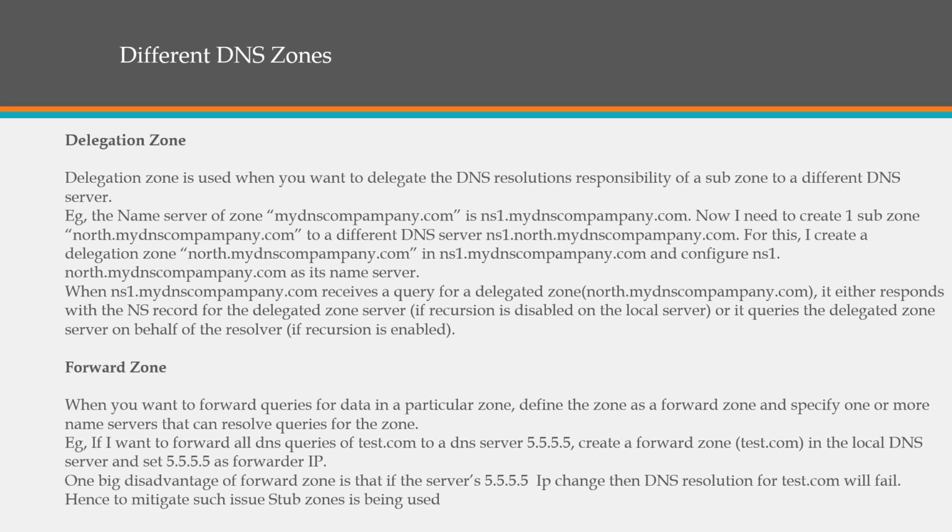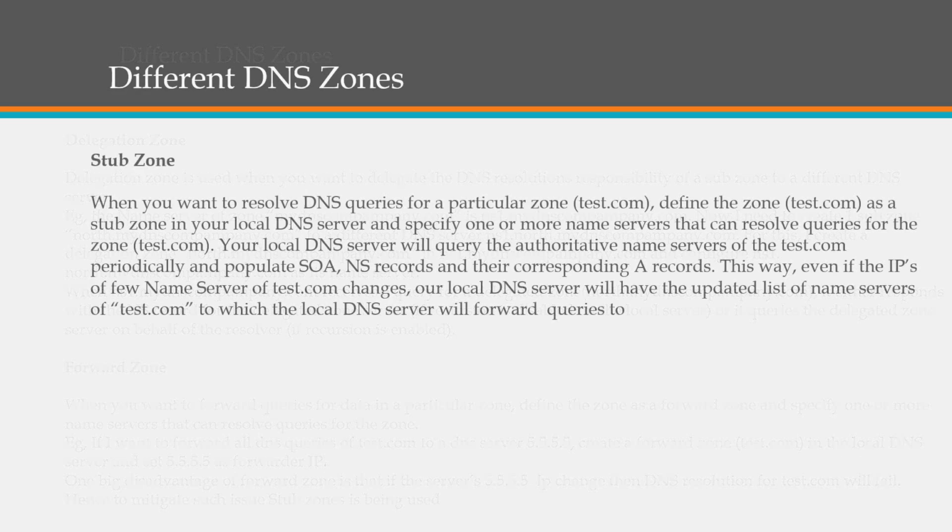To mitigate such issues, stub zones are used. So let's see what a stub zone is. When you want to resolve DNS queries for a particular zone, let's take the same example, test.com, define test.com as a stub zone in your local DNS server and specify one or more name servers that can resolve it.